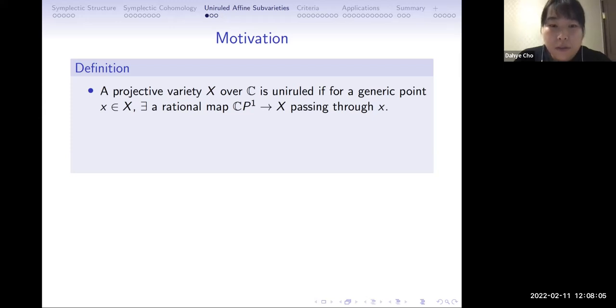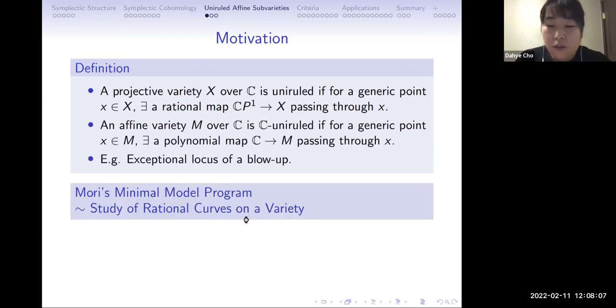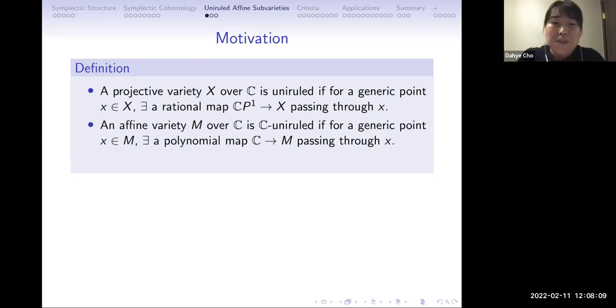And an affine variety is called C-uniruled if for a generic point x, there is a polynomial map from the complex plane C to M passing through that point.